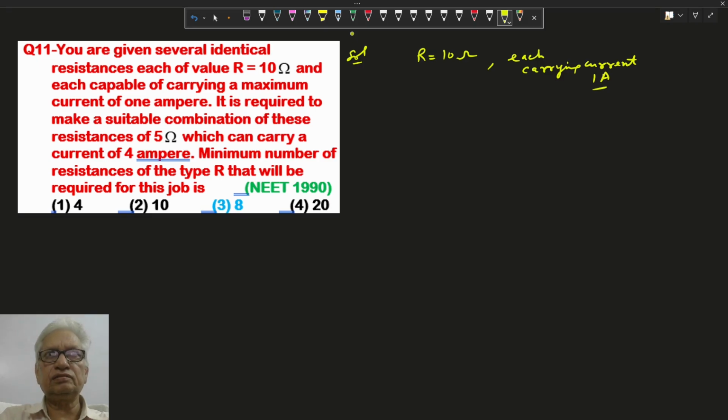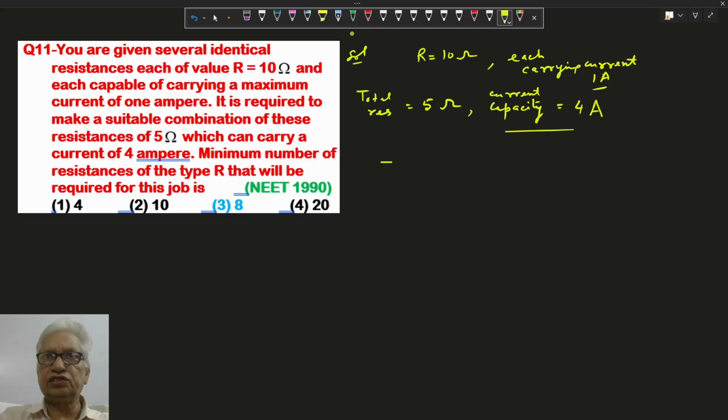Now we have to make a total resistance of 5 ohm with a current carrying capacity of 4 ampere. Then we have to connect 4 in a group. One can carry 1 ampere, so 4 can carry 4.